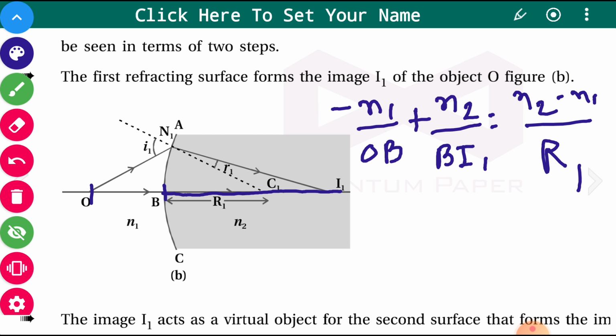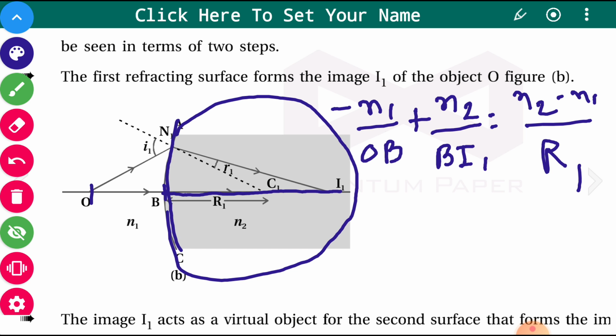Here it will be r1, that is the radius of curvature for this particular surface, which we can say is BC. In place of r1 we shall put it afterwards.